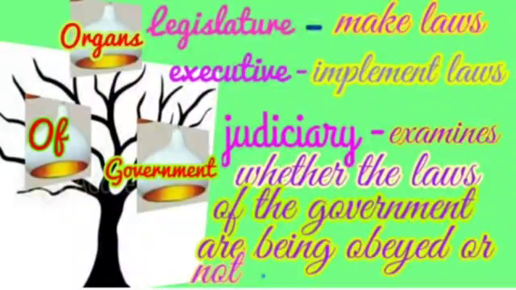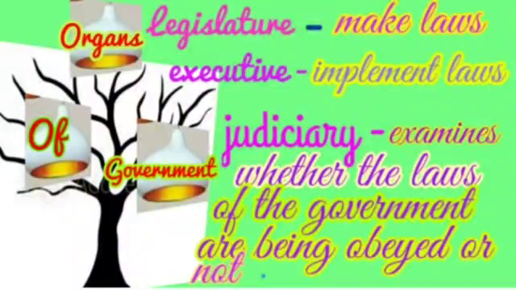So, judiciary interprets law and settles disputes. It is the responsibility of the judiciary that all the laws which have been made are being followed. If anything is being done in the country which is violating the laws, then judiciary makes sure that is corrected.